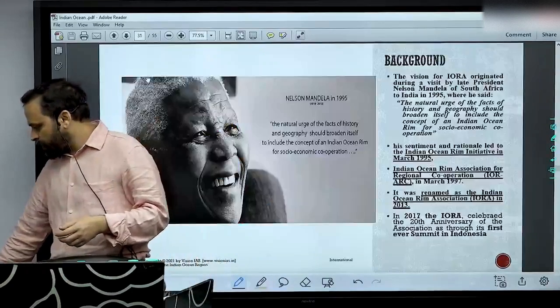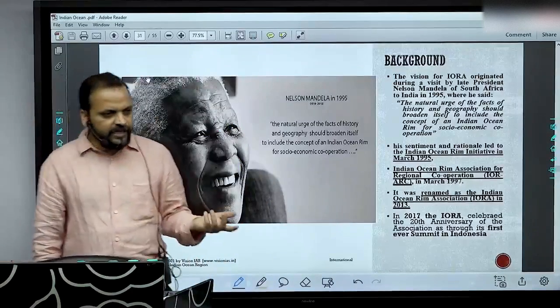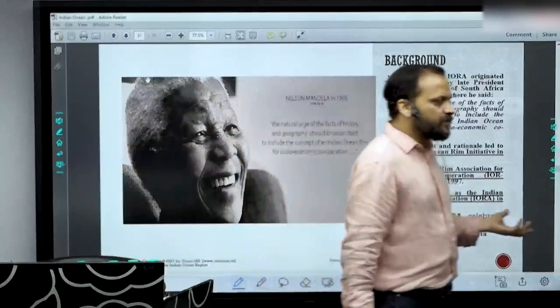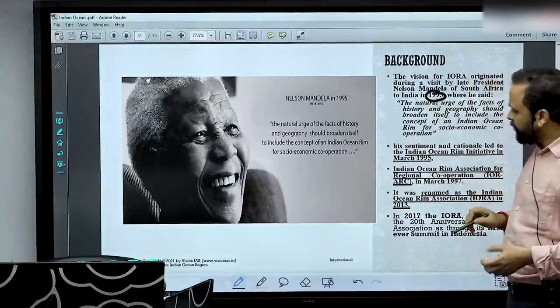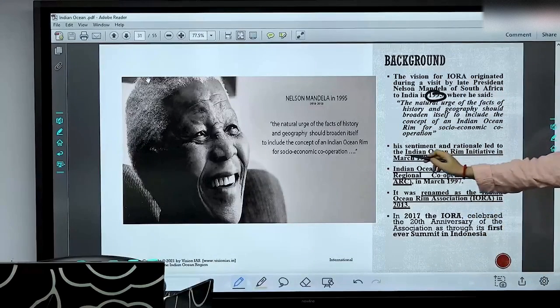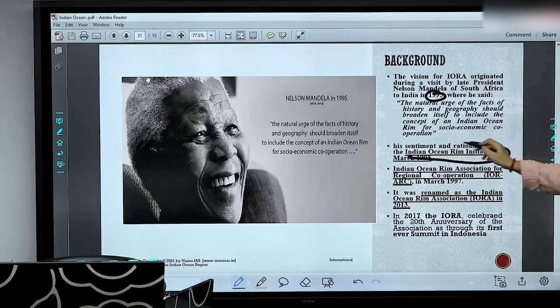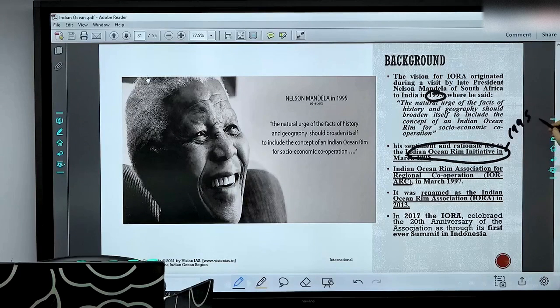Let's move forward and let's simply, as I had said, remember some of the history. Nelson Mandela coming to India, 1995, and in 1995 he gave the idea. So Indian Ocean Rim Initiative comes into existence in 1995. So some history. 1995, what is it called?